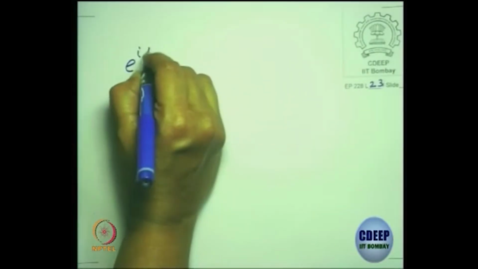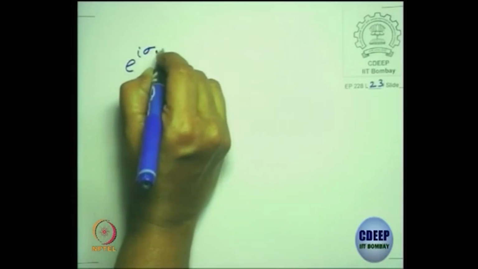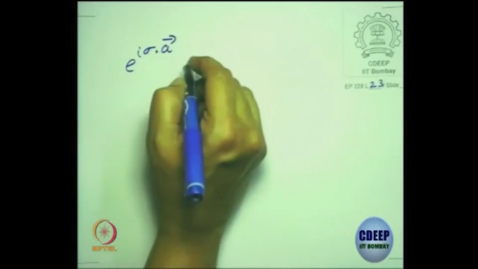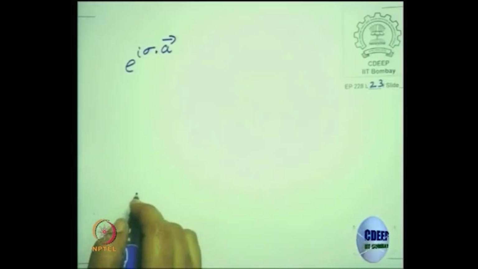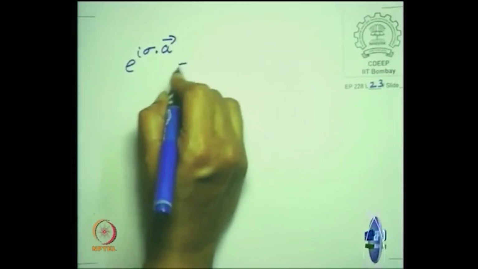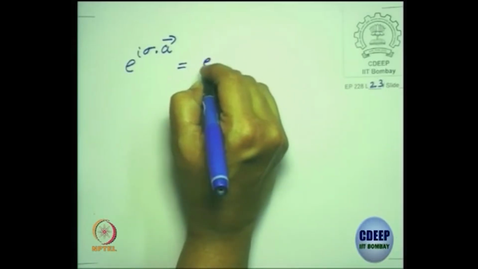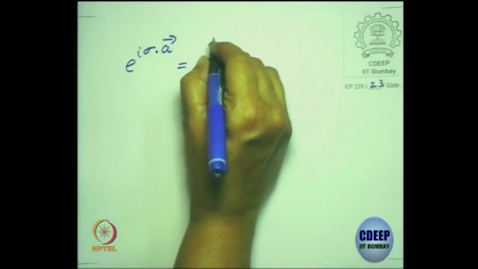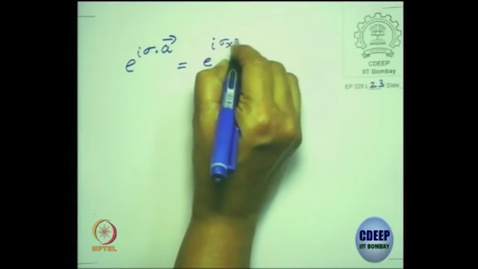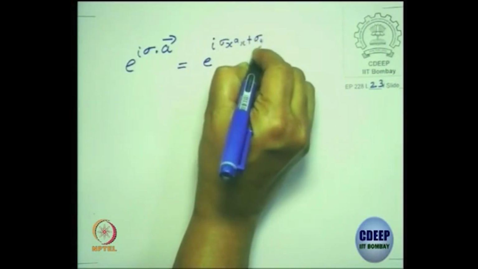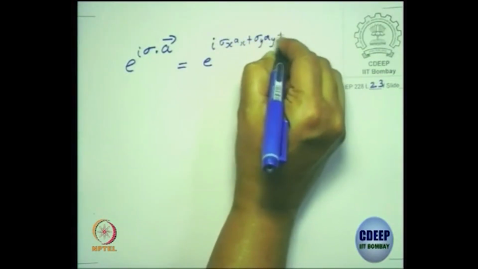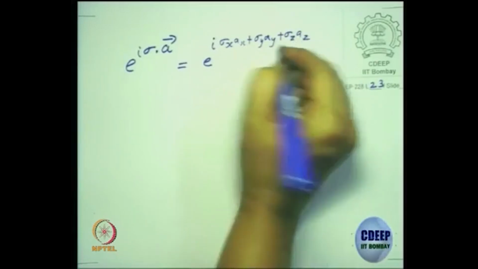If I give e to the I sigma dot a vector, what is this? It is e to the I, sigma x ax plus sigma y ay plus sigma z az.